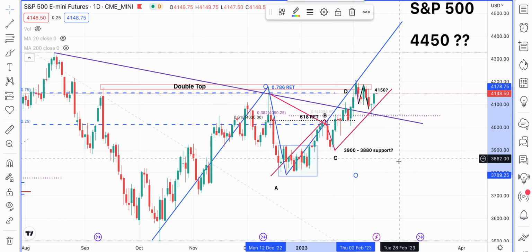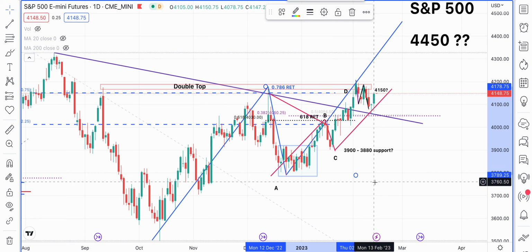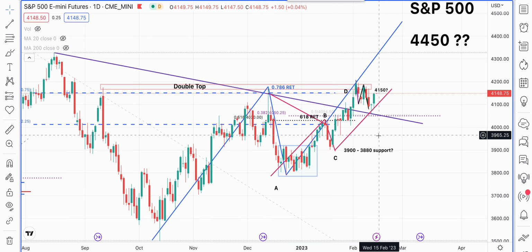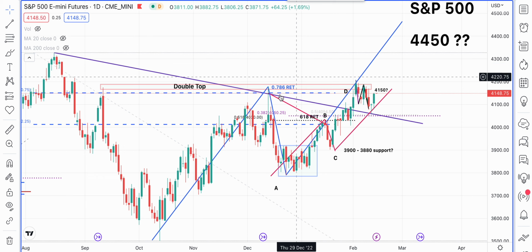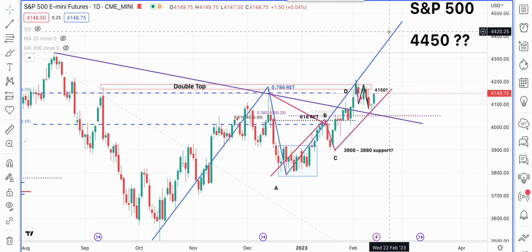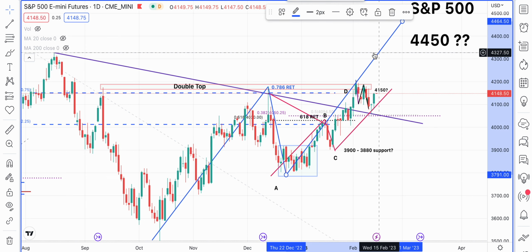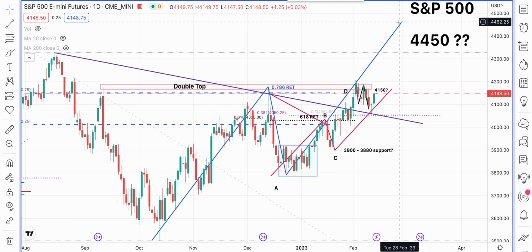However, this week is a key week because we have some CPI data coming in, and that could have a good impact on the market. So we have this big structure ABCD, which is a one-to-one projection in the blue lines drawn here, which actually takes us to around the 4450 level.